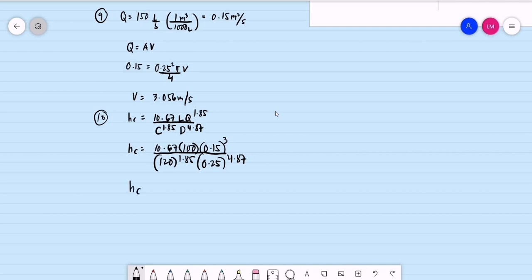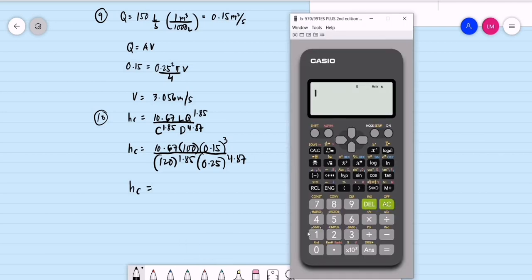So we are now computing for the head loss due to friction. That is 10.67, multiplied by the length of the pipe, 100 meters. Then the discharge is 0.15 raised to 1.85, all over the pipe constant 120 raised to 1.85, then multiplied by the pipe's diameter 0.25 raised to 4.87.